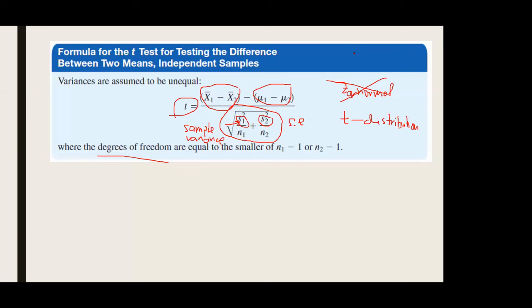Let's have katubig. EJ? EJ? Yes, what is degree of freedom?